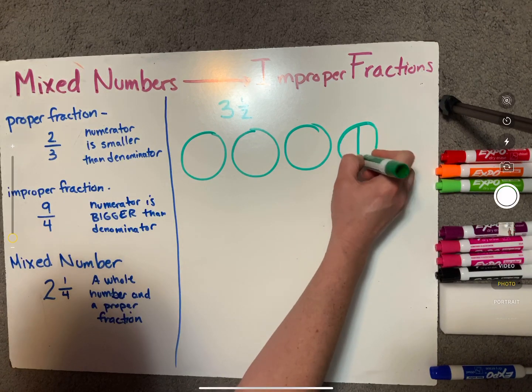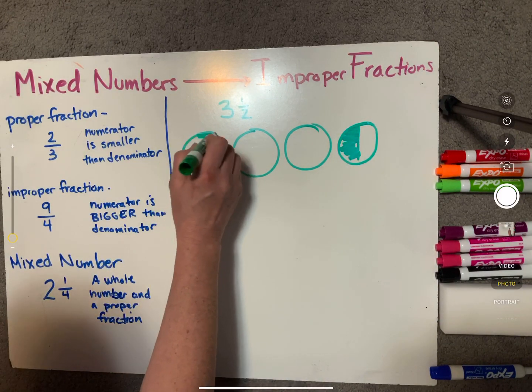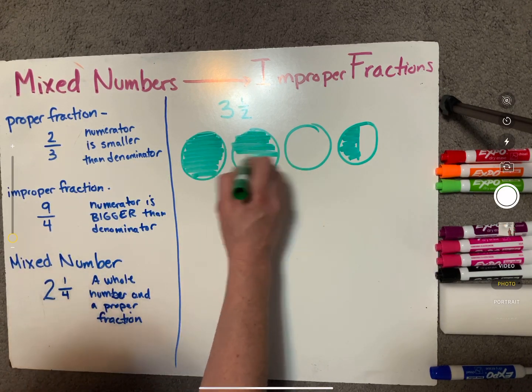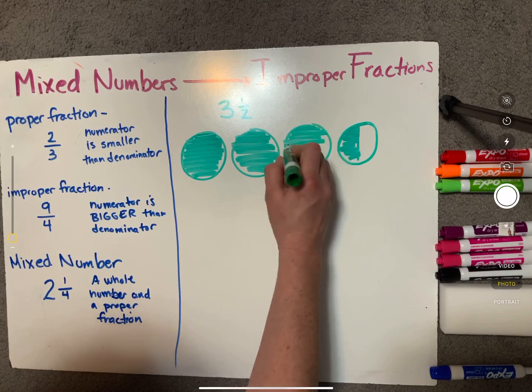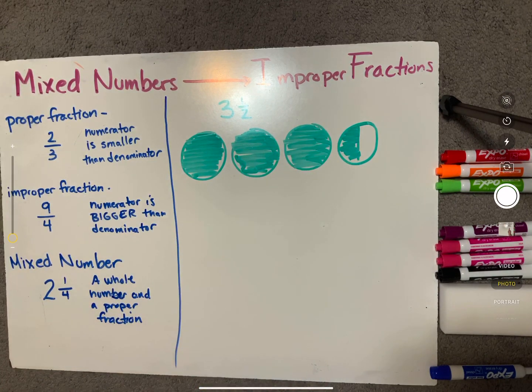And then this last one would be a half, right? So if I were to shade these in, this equals 3 wholes and 1/2.